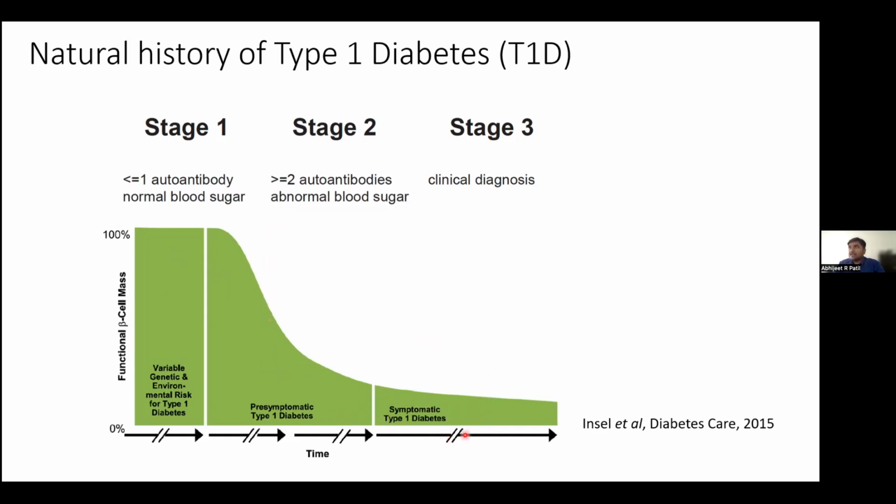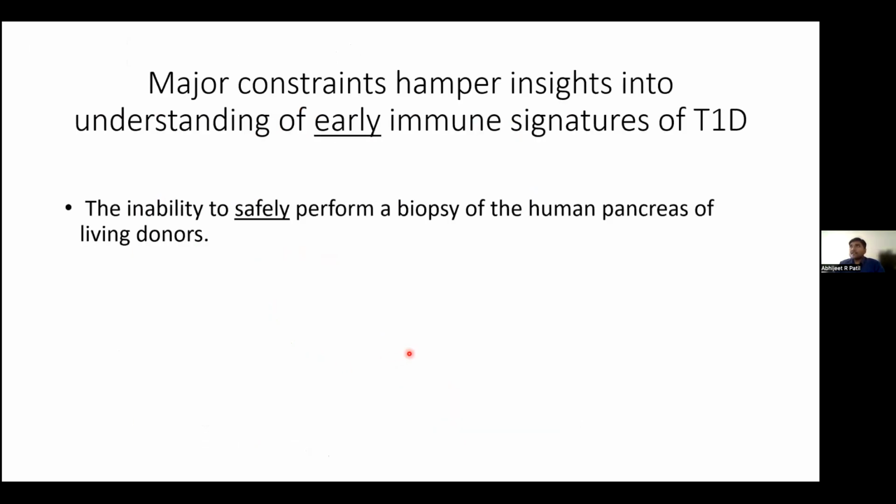So basically, the research has always focused on early detection of type 1 diabetes. This might be the window of detection. There are several major constraints that hamper insight into the early immune signatures of type 1 diabetes.